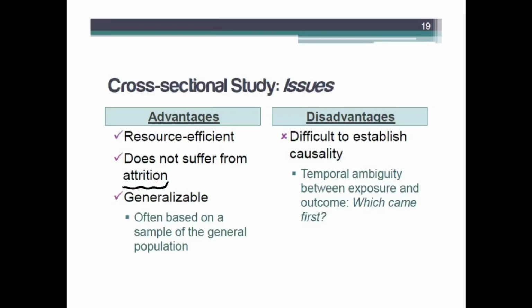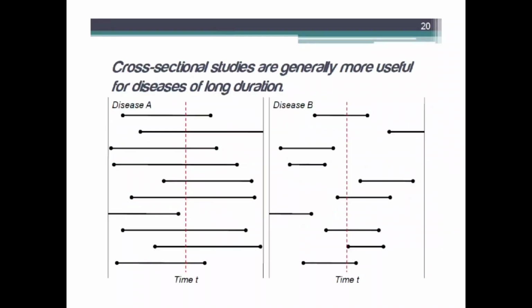Hindi nagsasuffer ang cross-sectional because you have the actual number na ng data. Hindi na pabago-bago, hindi siya dynamic like dun sa incidence. Di ba? If you recall that. Meron ka ng exact value to compute. So, it does not suffer from attrition. Okay?